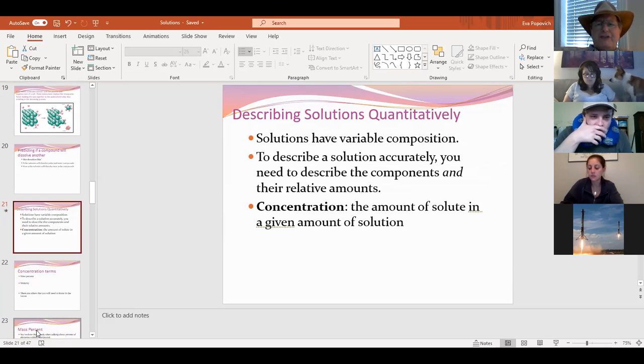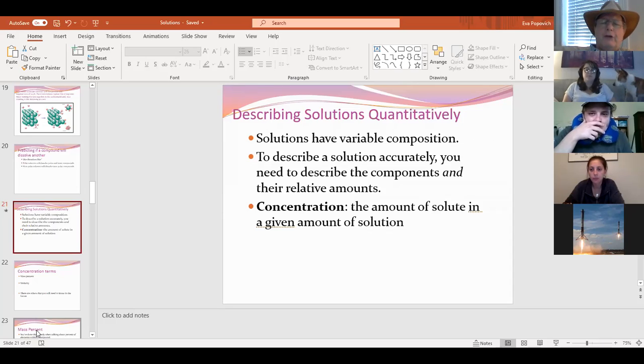Okay, we've been basically talking about what solutions are and how they come about, but we need to talk about solutions in two terms. One is what makes up the solution, and the second is the concentration of that solution.